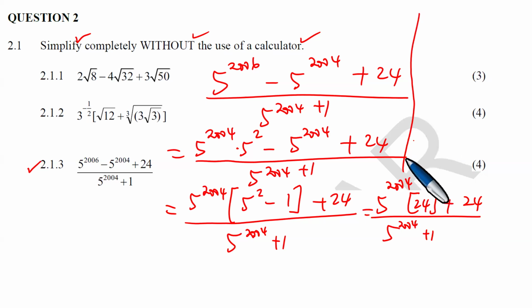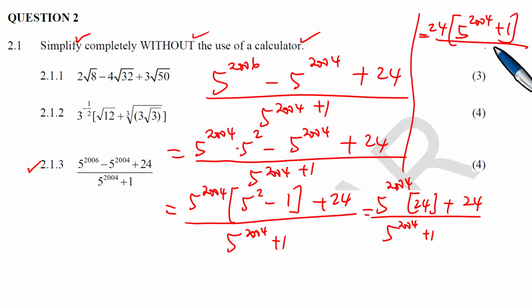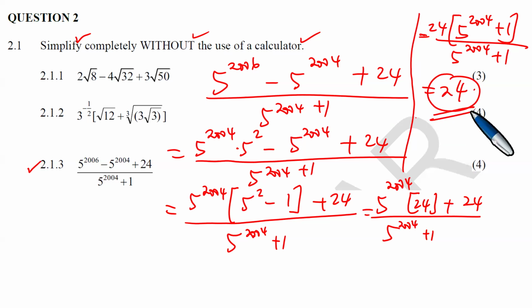So we have 24 times 5 to the power 2004 plus 1, divided by 5 to the power 2004 plus 1. You cancel this out and you get 24. So the answer is clearly 24.